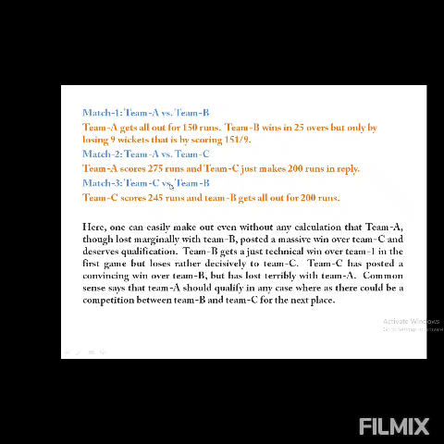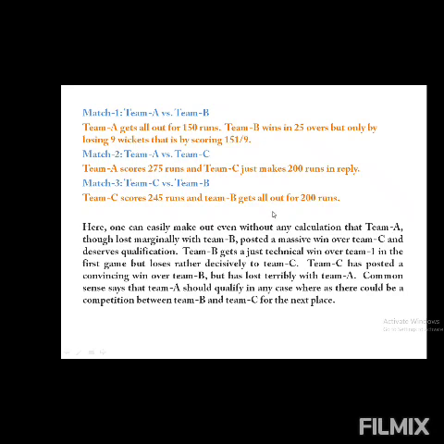And in match 3, team C defeats team B. Team C scores 245 and team B scores only 200 runs. That means after the completion of the league matches, all three teams share 2 points each. Okay.